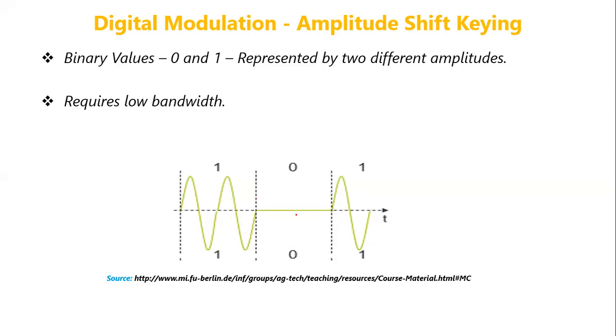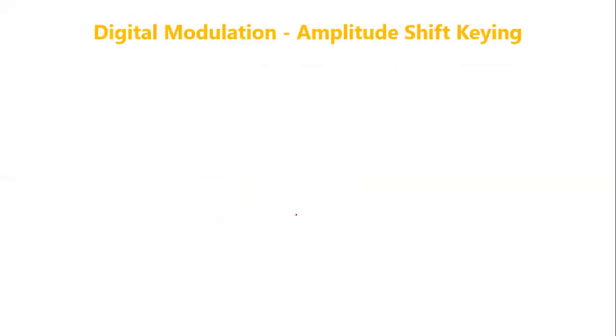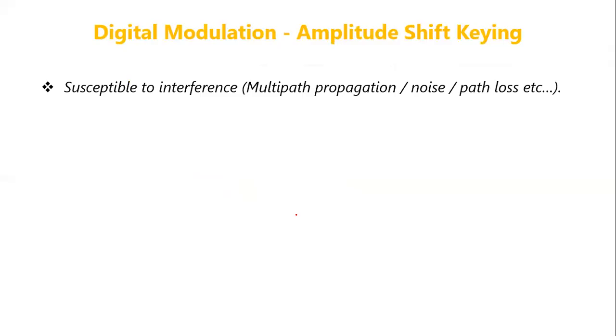It requires very low bandwidth, but it has some disadvantages. It is more susceptible to interference; that is, it gets easily affected by noise, path loss, or multipath propagation. So basically, this is not an efficient kind of modulation for a wireless environment.